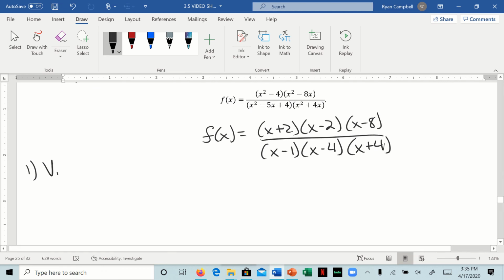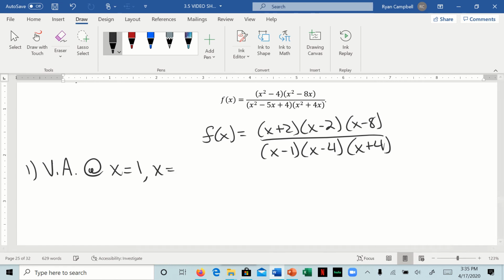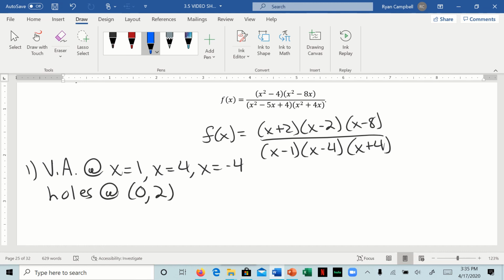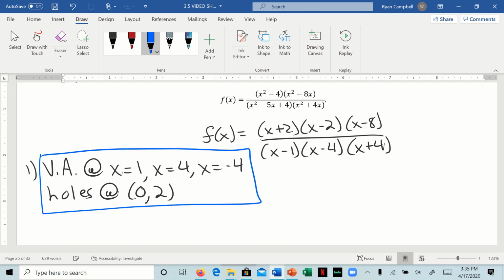So vertical asymptotes. We already said we had vertical asymptotes at x equals 1, x equals 4, and x equals -4. And then we said we had a hole at 0, 2. So that information will be helpful.